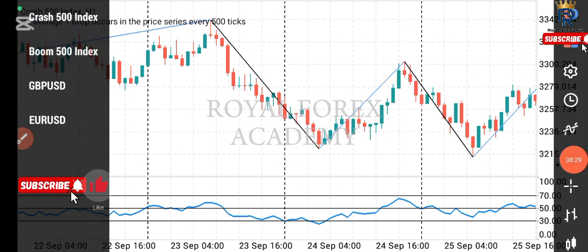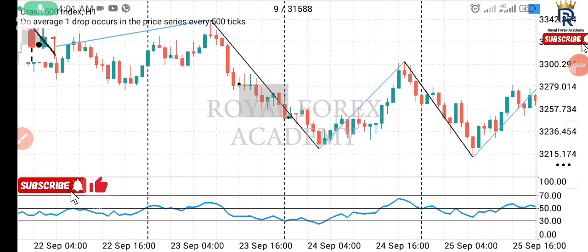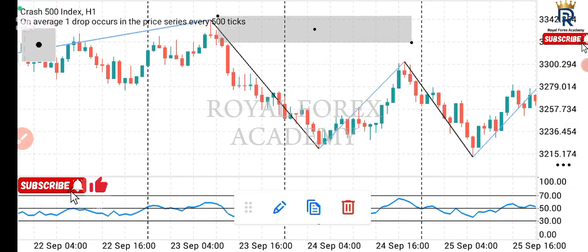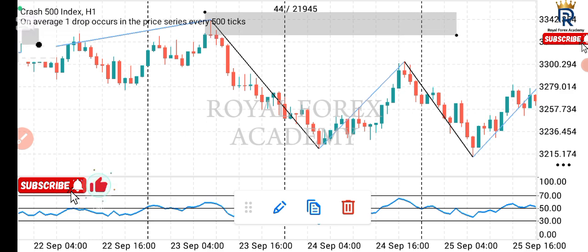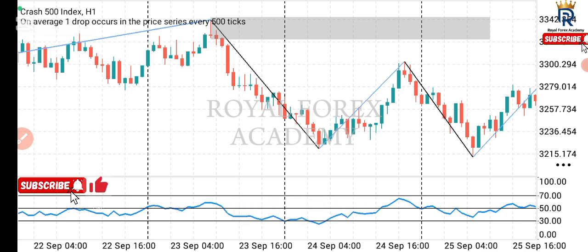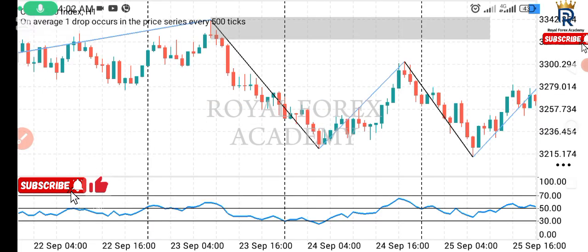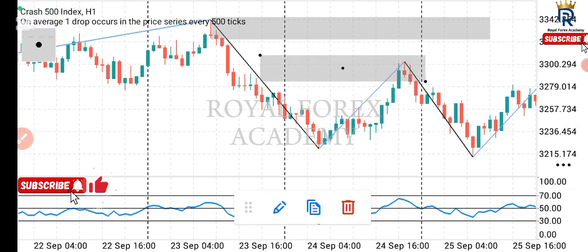So first of all, we have this particular order block. So here is our order block. Look at this, this is our order block being highlighted. Okay, and then the next is our point of interest. We have order block as our point of interest.